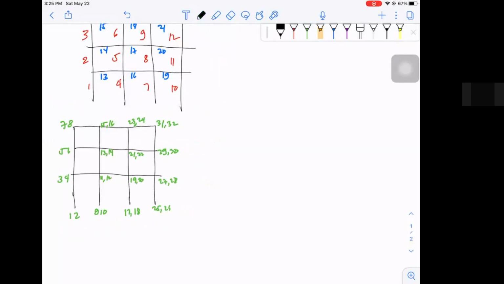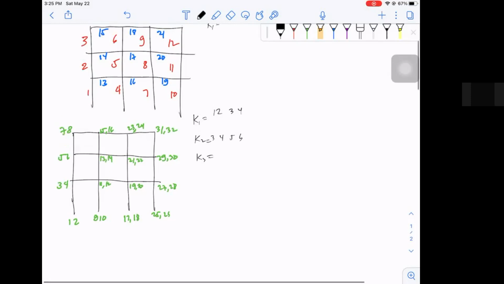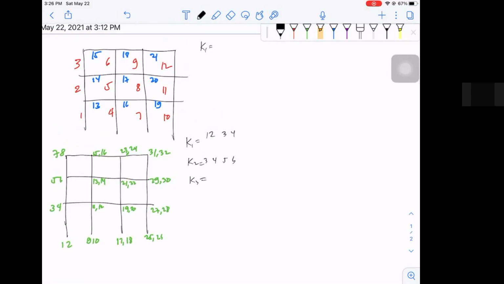For K1, the codes are 1, 2, 3, 4. For K2, 3, 4, 5, 6. For K3, 5, 6, 7, 8.